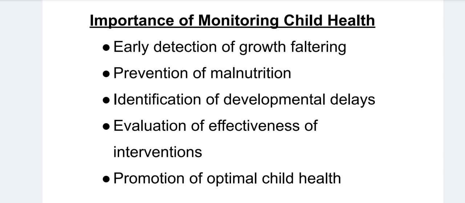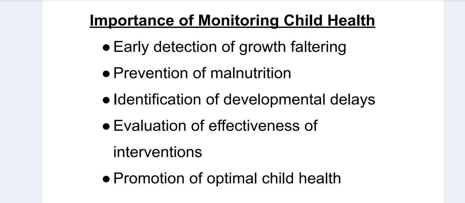Make sure that you don't just depend on exclusive breastfeeding. You can also start supplemental feeding, because the child has already turned 6 months. At this time, the immune system is able to defend the child. So you can start giving other things apart from exclusive breastfeeding.